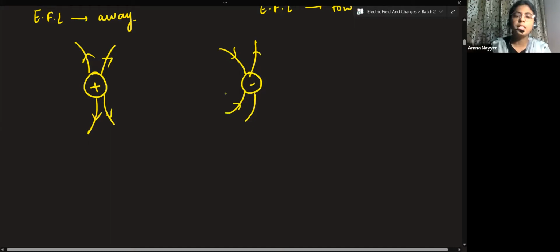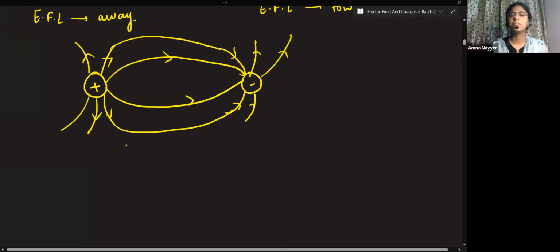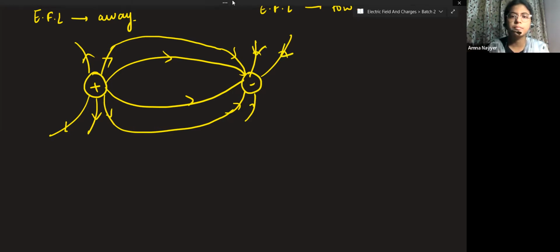So ultimately, electric field lines will move from positive charge to the negative charge in this manner. Electric field lines appear to originate from positive charge and they appear to terminate at the negative charge. The reason is simple: because of positive charge, electric field lines are away, and for negative charge, electric field lines are towards.